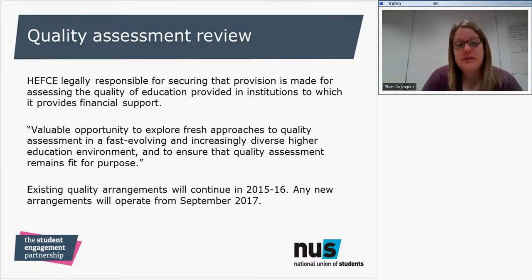So they decided to review the quality assessment processes. In their own words, they think it's going to provide a valuable opportunity to explore a fresh approach to quality, particularly as this is a very fast evolving sector, very diverse sector, particularly with lots of new providers coming onto the scene, to ensure that it remains fit for purpose in the future.